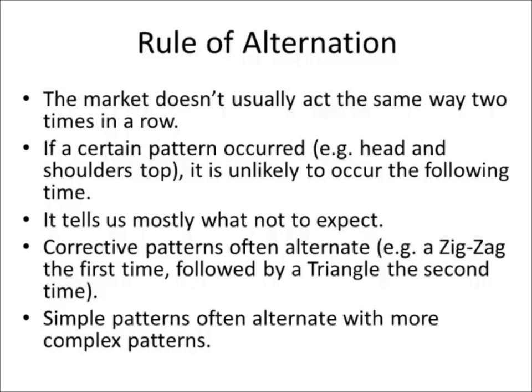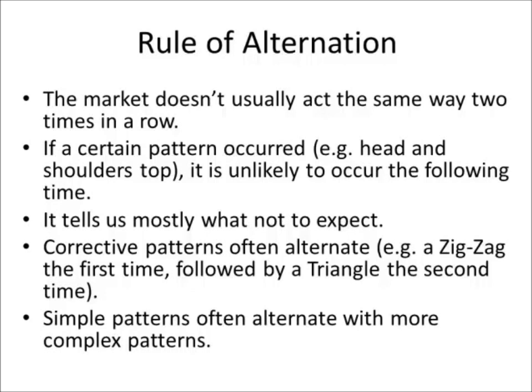We might have a zigzag, and then we could have a triangle in the second corrective pattern, or we could have a flat. We are very unlikely to see two zigzag corrective patterns in a row. We normally like to see a zigzag, then maybe a triangle, and then maybe back to a zigzag. So that is the rule of alternation.